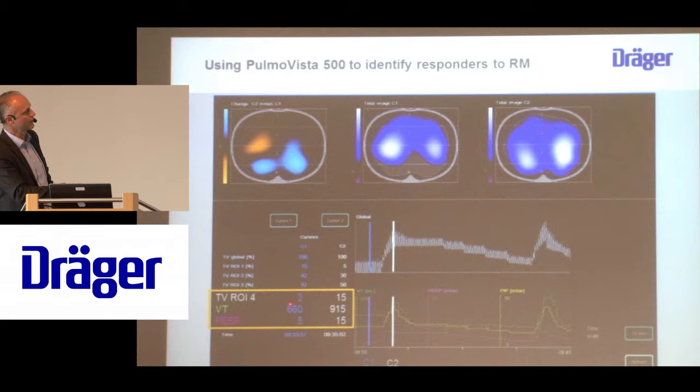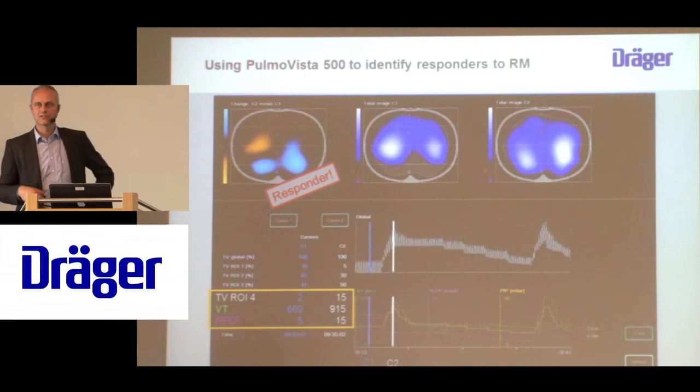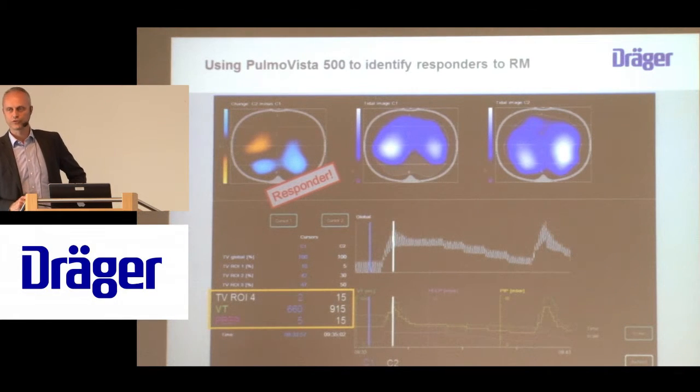Basically only 2% of the ventilation was taking place in this dorsal region. During the recruitment maneuver, which means the PEEP was increased from 5 to 15, you see that now you gained 15% of ventilation in the dorsal part. So I would say this is a very strong response in this example.